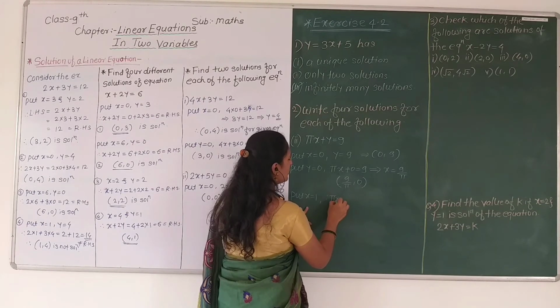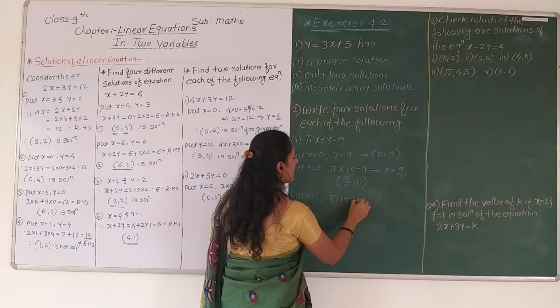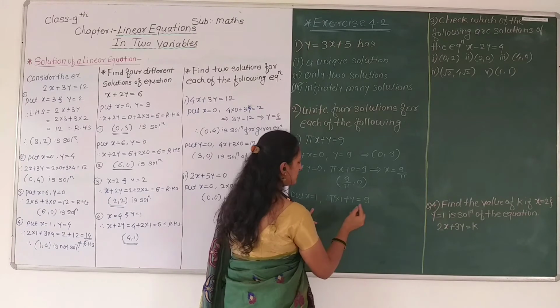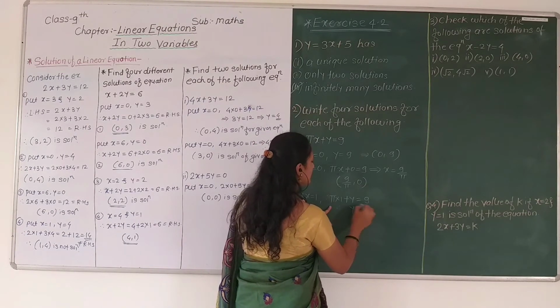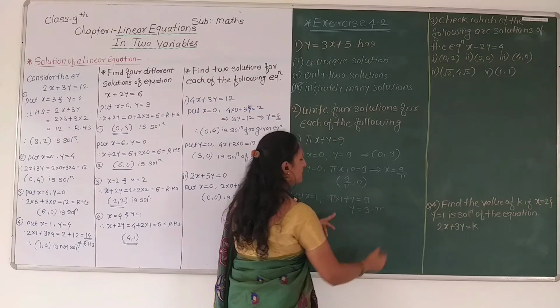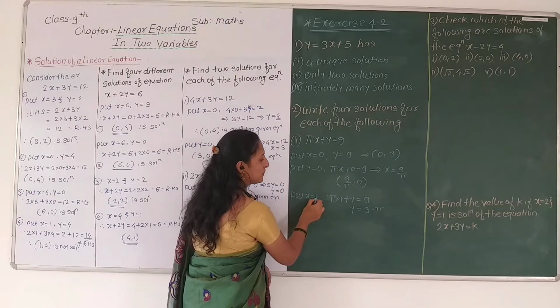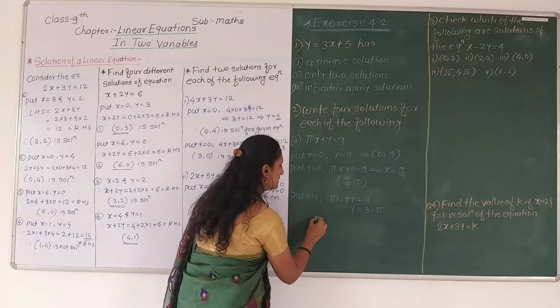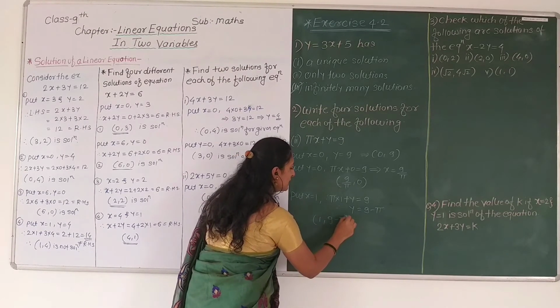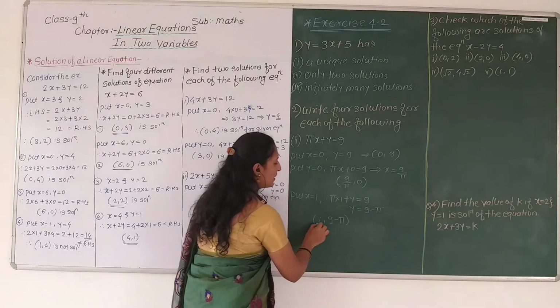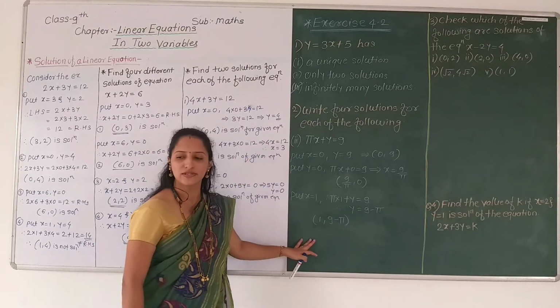Pi into the value of x, which is 1, plus y is equal to 9. So we get y is equal to 9 minus pi. Yes, if I put x is equal to 1, I get the value of y as 9 minus pi. That means (1, 9 minus pi) is a solution.